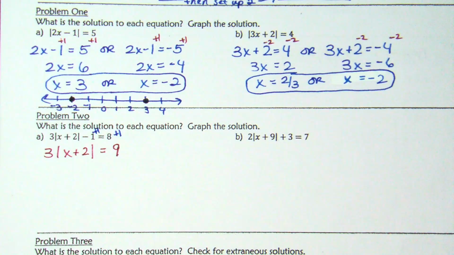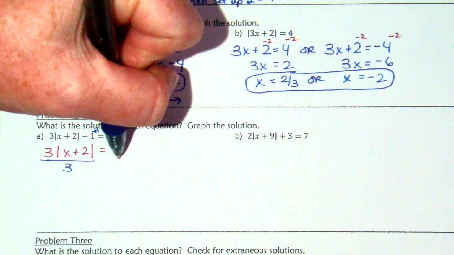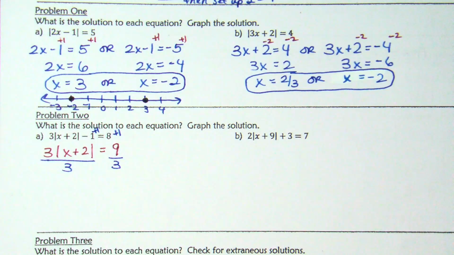Is my absolute value by itself? Not quite. It's 3 times the absolute value. So how do I do that? Divide by 3. Since it's 3 times the absolute value, divide by 3. If I divide the left by 3, divide the right by 3.